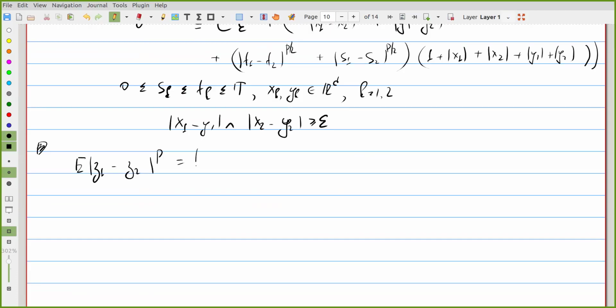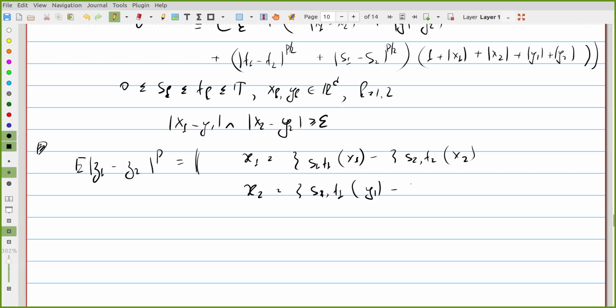Let us introduce notation: kappa 1 is psi_{S1 T1}(X1) minus psi_{S2 T2}(X2), and kappa 2 is psi_{S1 T1}(Y1) minus psi_{S2 T2}(Y2).